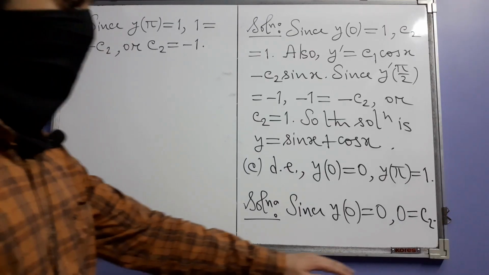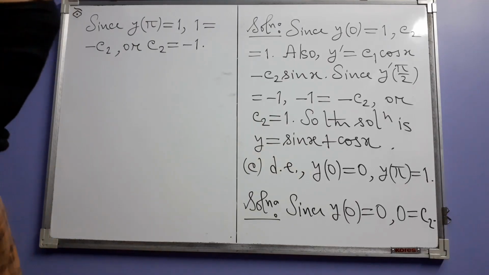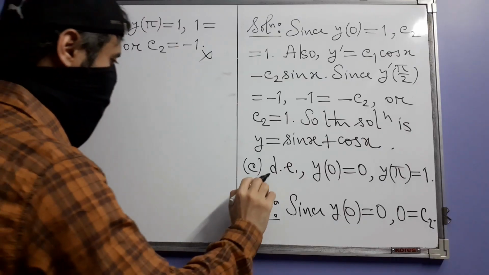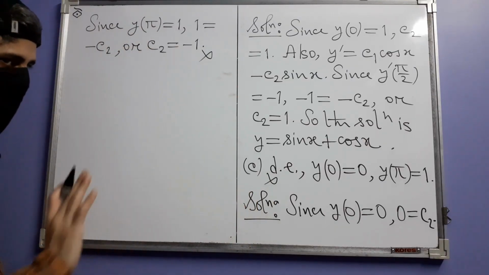But you can now clearly see that this is not possible. C2 cannot be simultaneously 0 and minus 1, and that is why this one is not solvable. This BVP has no solution. You can write the sentences yourself.